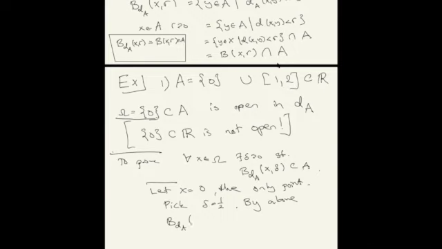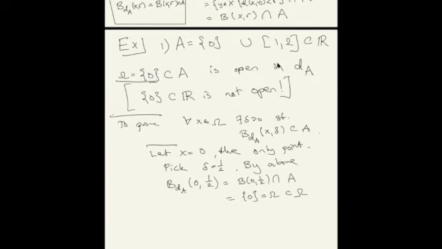B_dA centered at 0 of radius 1/2 is equal to the ball of radius 1/2 centered at 0 intersected with A. But this is easily seen to be just the singleton {0}. And this is equal to omega, and omega is also a subset of itself.